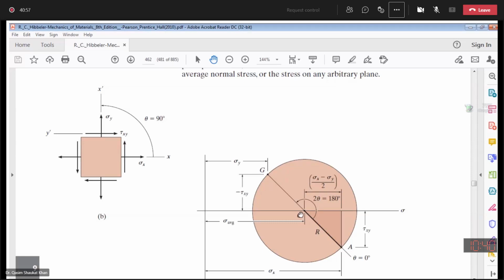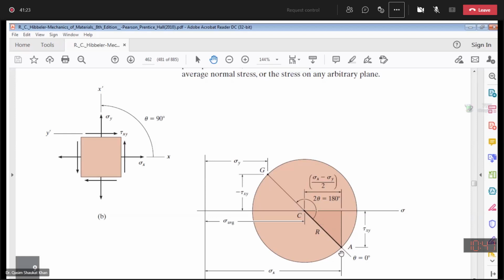Average normal stress is equal to sigma x plus sigma y over 2. The coordinates of the point C are sigma average and 0. So you get the center of the Mohr circle.